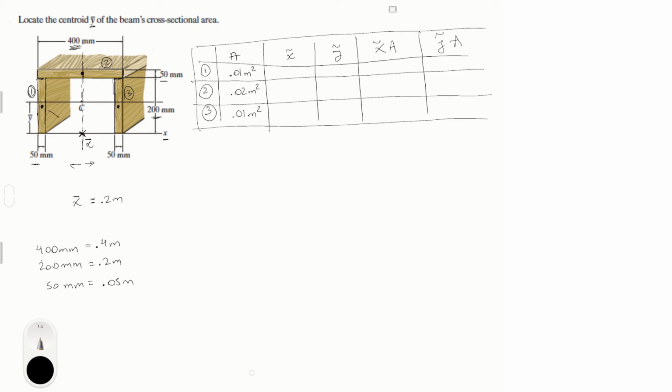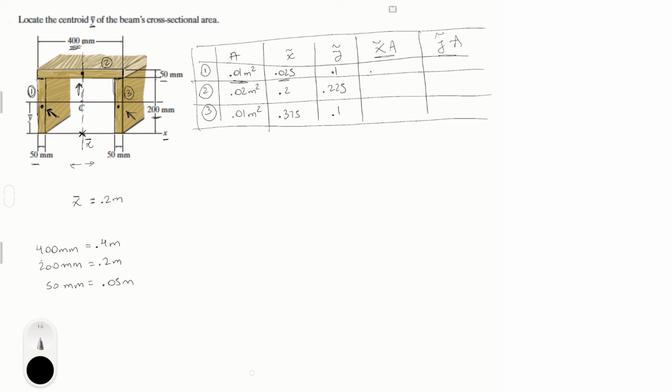So now we have to do the location of the centroids. This first centroid right here is located at 0.025 and 0.1. This centroid is located at 0.2, 0.225, and this last centroid is located at 0.375 and 0.1. So now we're going to multiply the area by the points to get XA and YA.